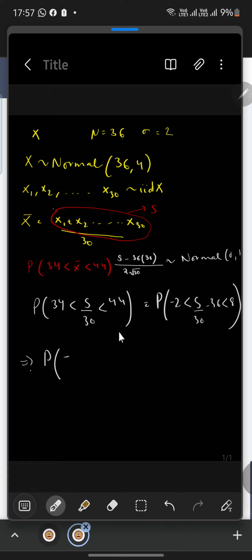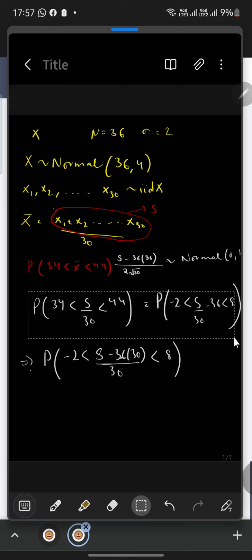It's pretty confusing, right? But it's okay. So next step would be minus 2, s upon 30 minus 36, into 30, right? And 8. Now I'll remove this part because there's less space here.